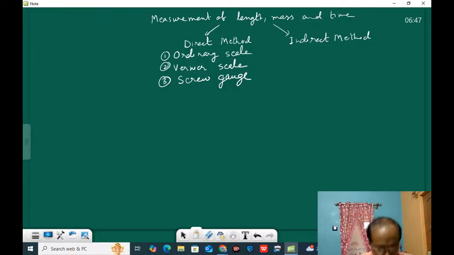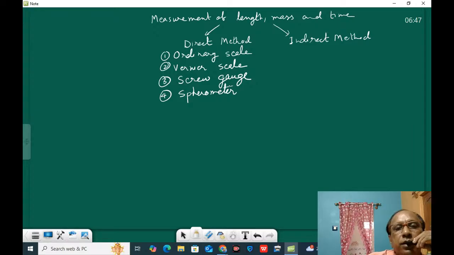These are the methods by which we can measure distance: ordinary scale, vernier scale, and screw gauge. And there is another instrument, what we call a spherometer. In the direct method, we use all these instruments.